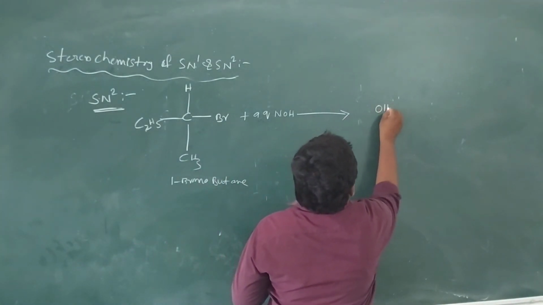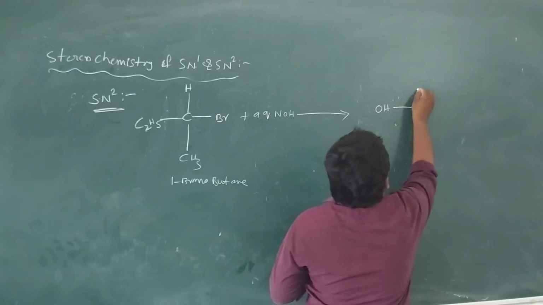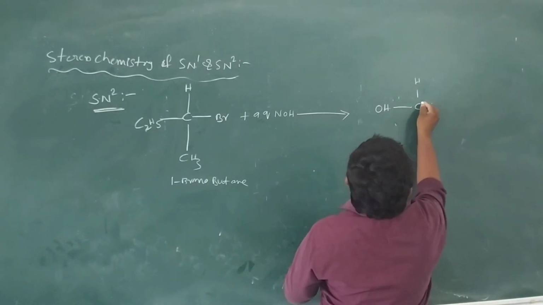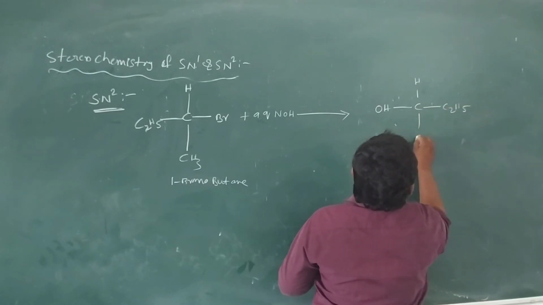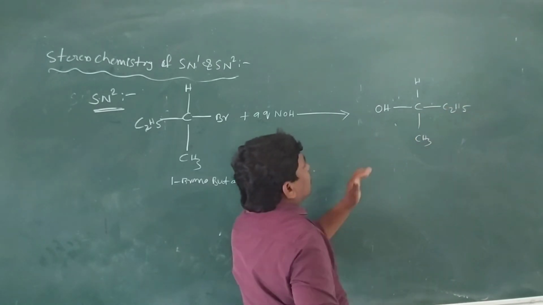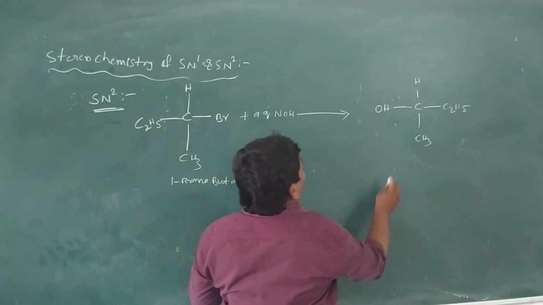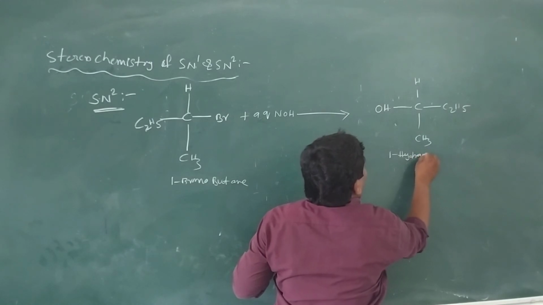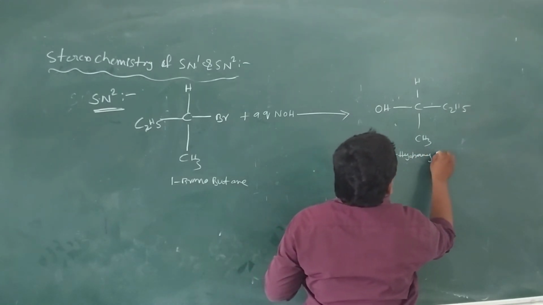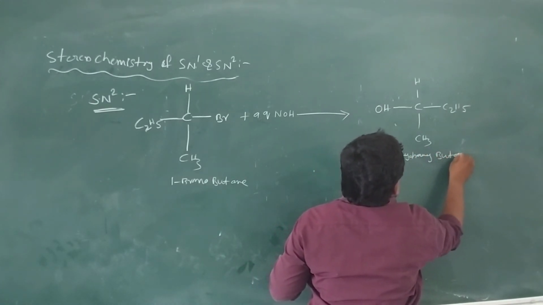So OH, CH, C2H5, CH3. This compound name is 1-hydroxy butane.